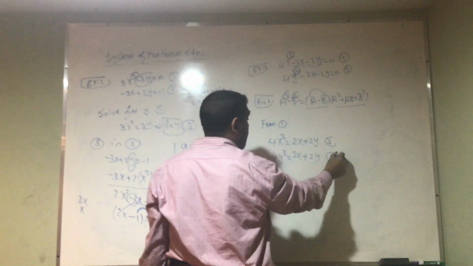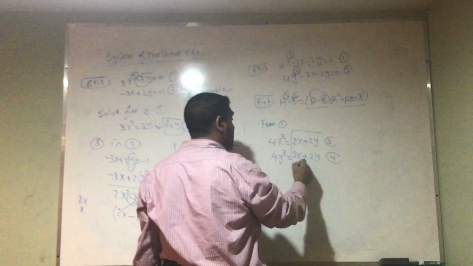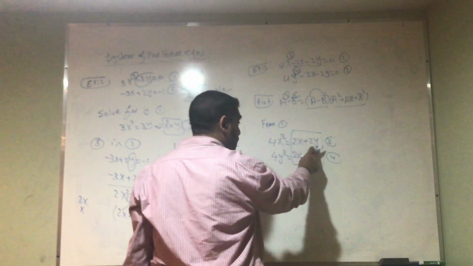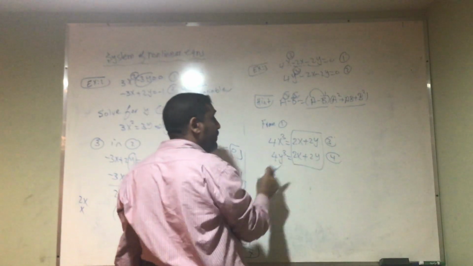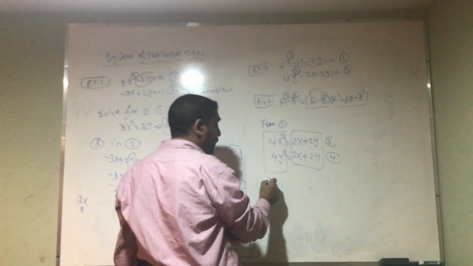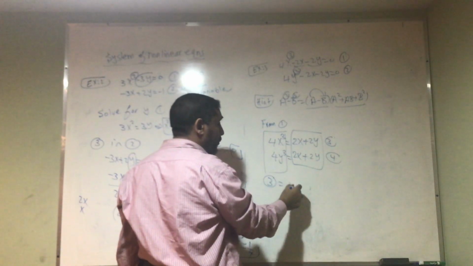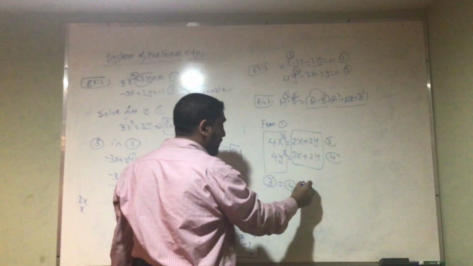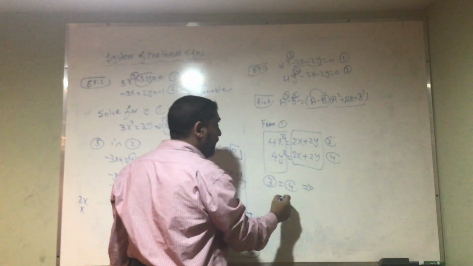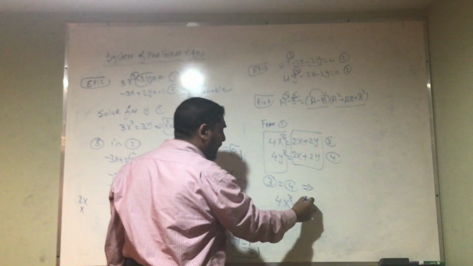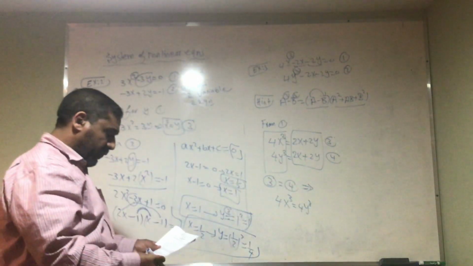That is equation number 4. I note something here: your right-hand side is exactly the same, 2x plus 2y, which means the left-hand side must be equal. So when I equate 3 and 4, this conclusion gives you 4x cubed equal 4y cubed. You follow, guys?